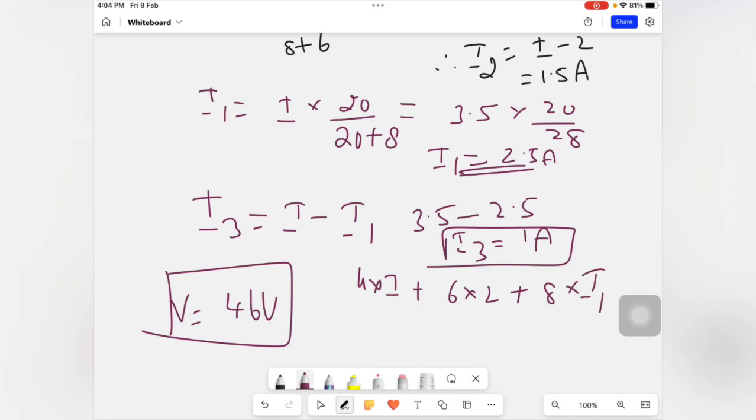If you simplify, you will get 46 volts as the voltage. With this, I will conclude this class. Thank you.